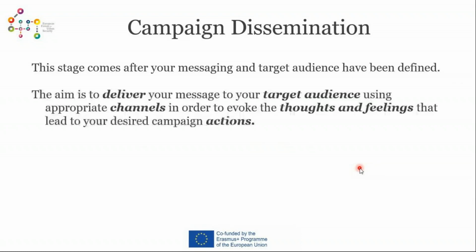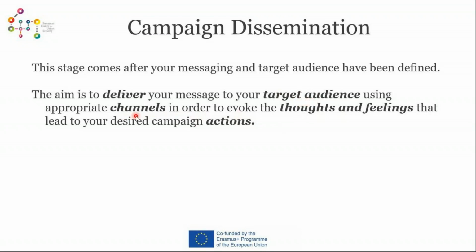And the aim of dissemination, I've highlighted some words here, is to deliver your message to your target audience using appropriate channels in order to evoke the thoughts and feelings that lead to your desired campaign actions. So you would be delivering your message that may be about, for instance, ending workplace discrimination to hiring managers, and those hiring managers are your target audience, for example.